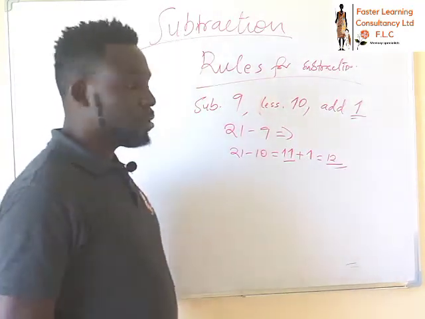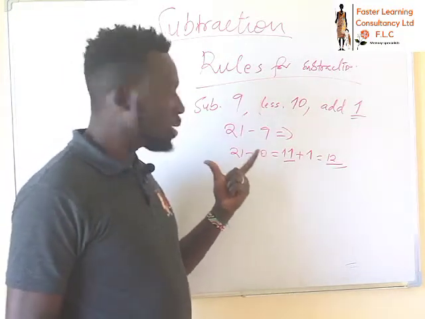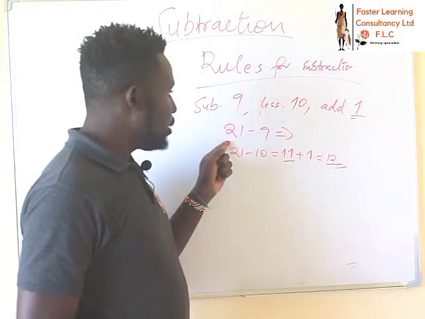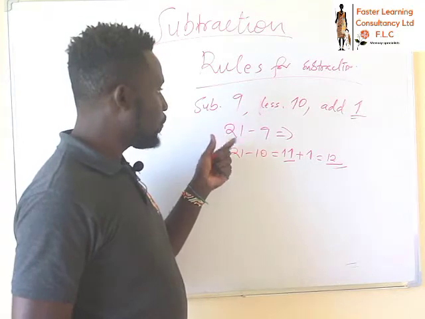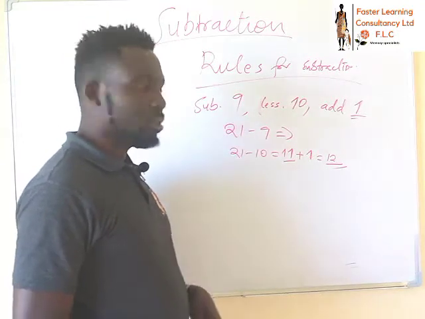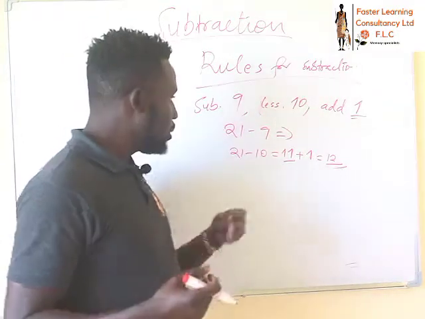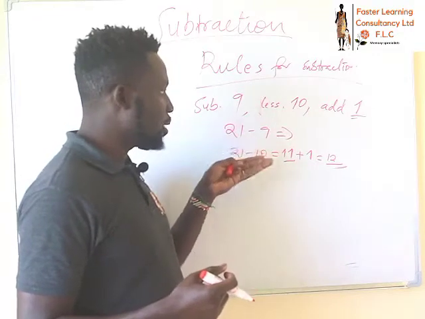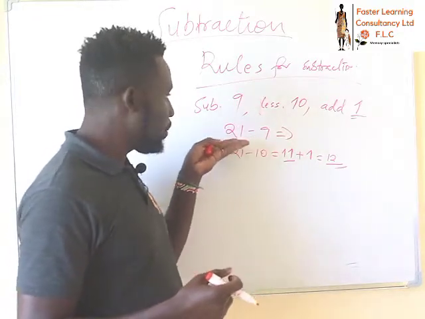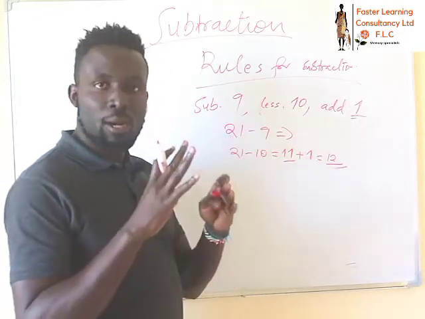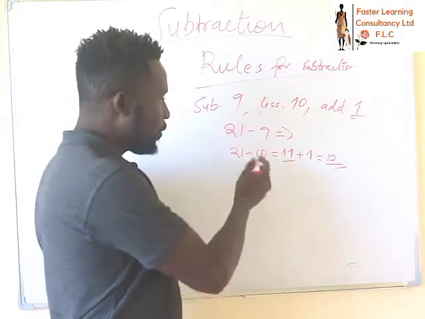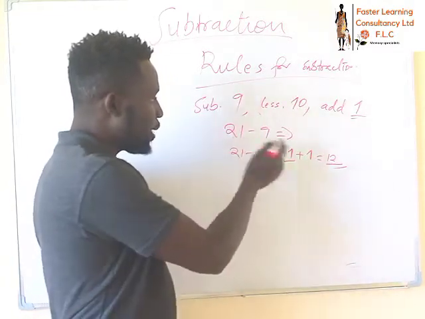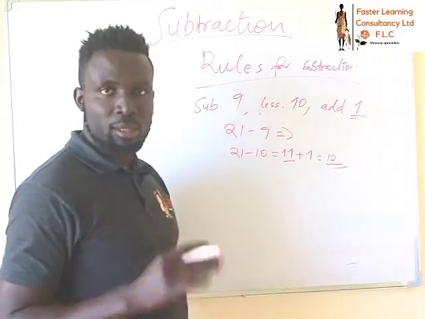If you're in a position to do this math in your head, fine, but when you think about 21 minus 9, if you don't have a strategy, you may not get it quickly. But if you think in your mind, you subtract 10, you have 11, then you add 1, you are done.